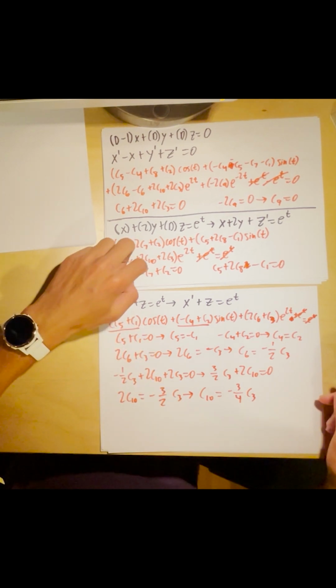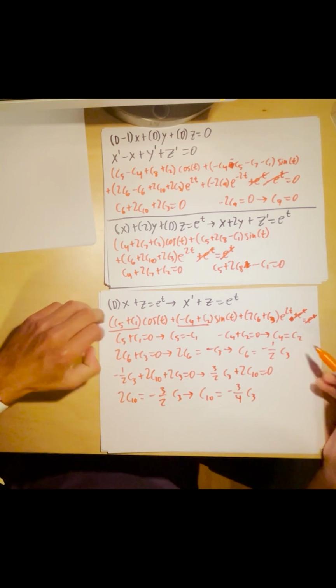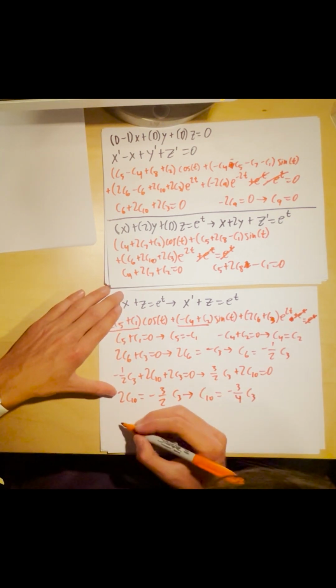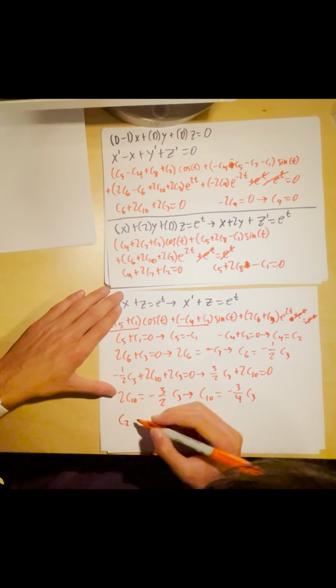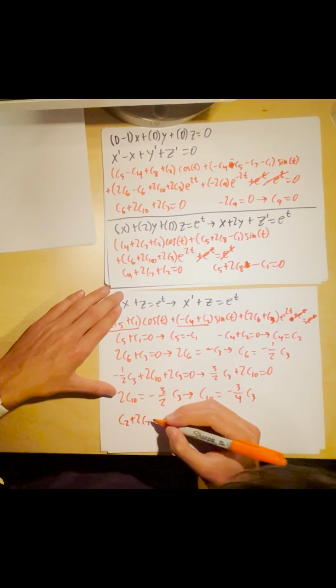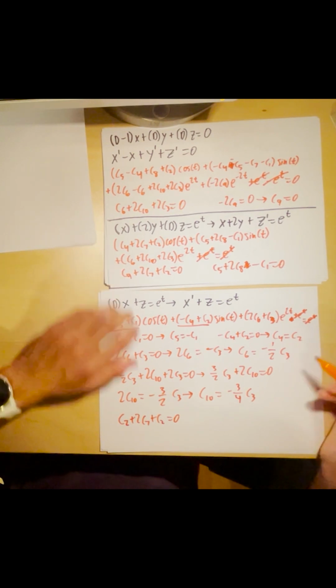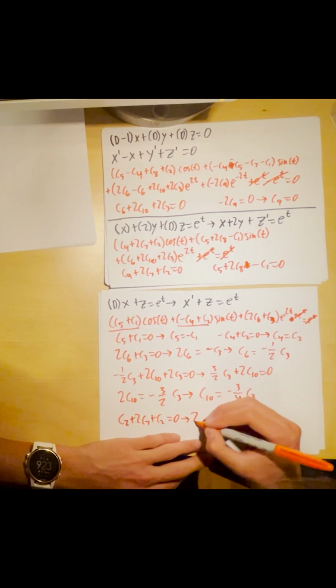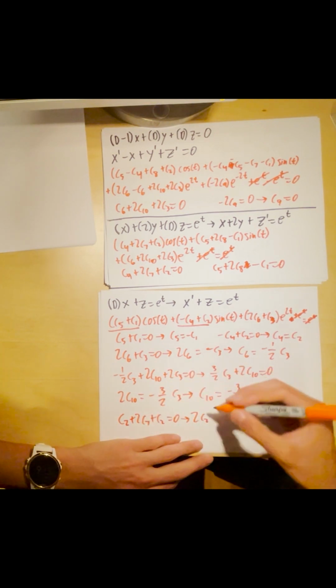Let's do the same thing with the C4, 2C7, and C2. We have C4 equals C2. So I can just write C2 plus 2C7 plus C2 equals 0. I just put C2 in for C4. So I'm going to get 2C2, and then I'm going to subtract 2C7 on both sides.